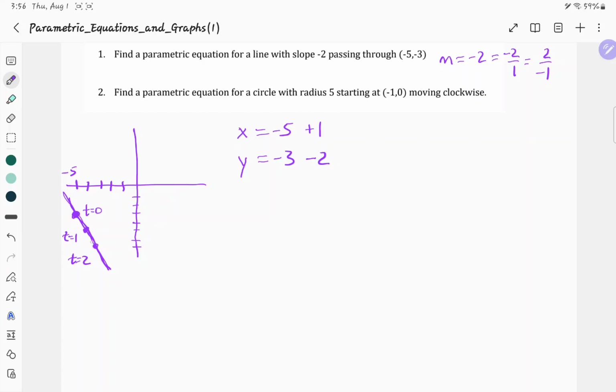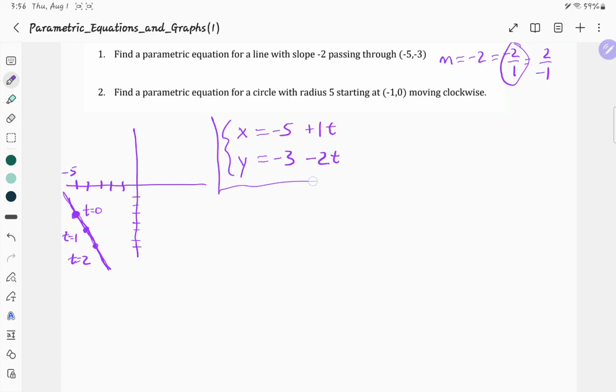And then if I want to keep going, I'll do it again and again for as many times as I want. So this is really x = -5 + t and y = -3 - 2t. For every time unit that I move, I'm going to add 1 to the x and subtract 2 from the y, because that matches that slope of -2. And that's basically it for that one.